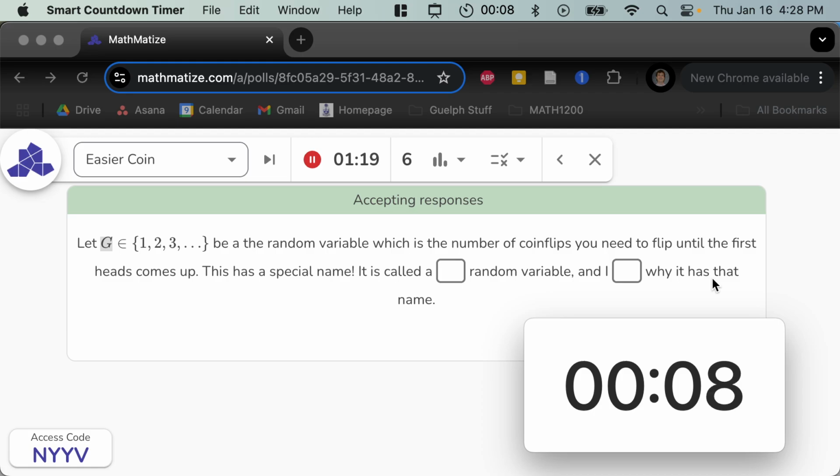All right, 10 seconds left. If you don't know, you can put I don't know. Again, I like fun guesses, so give me a name. Whatever you want to call the random variable. Okay.